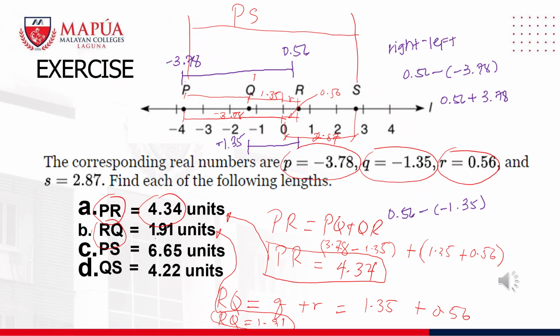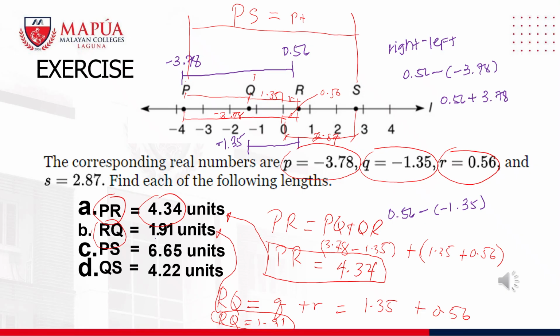PS is simply equal to small p plus S. You can go directly, since our P is given.